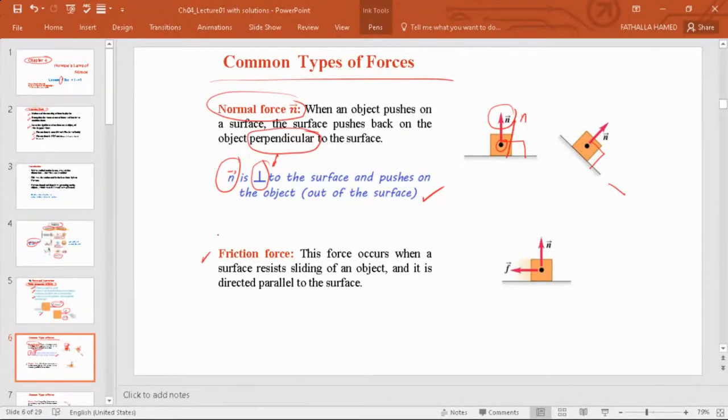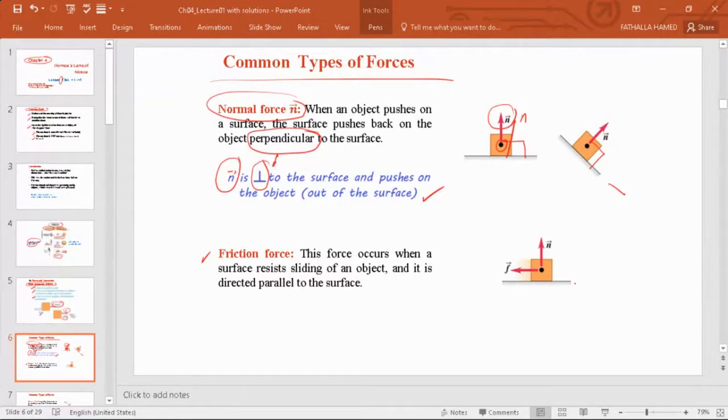The second type, which is friction force. And that also happens between the contact between the two surfaces. And friction always tries to slow your motion.